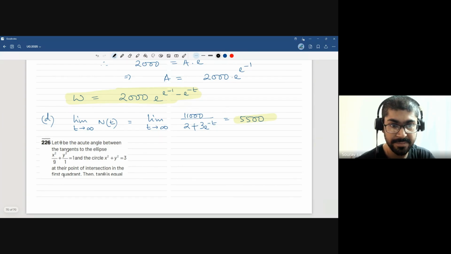So this is the first quadrant. Tan theta is equal to what?